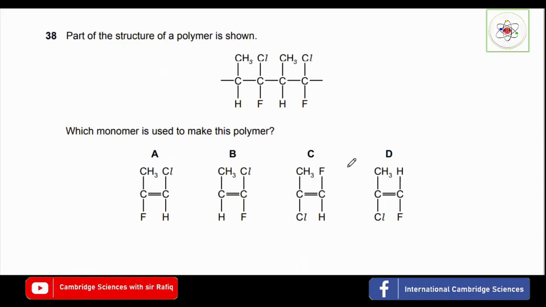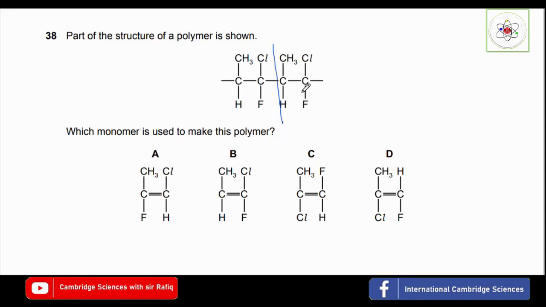Number 38, part of the structure of a polymer is shown. You can see there are 2 units of a monomer, CH3 CHCl CHF, repeated.